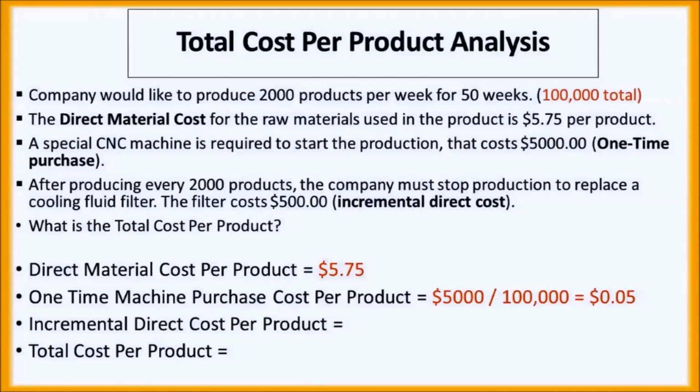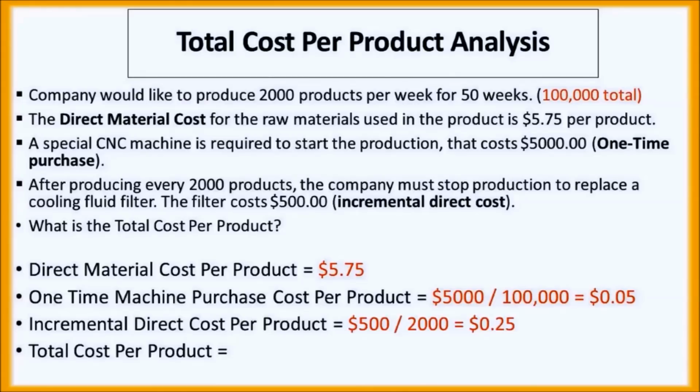So what we do is take the total number of products that we plan on producing on that machine and divide up the cost per product. So here it's going to be $5,000 for the cost of the machine divided by 100,000 products that we plan on making. That's 2,000 products per week for 50 weeks. If you take 50 times 2,000, you get 100,000. So that gives us a cost of 5 cents per product.